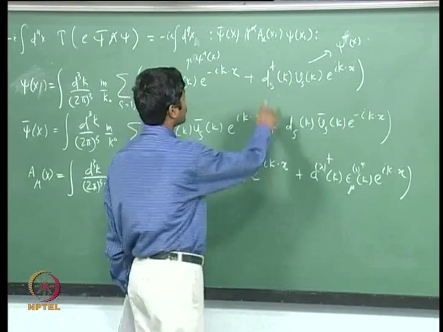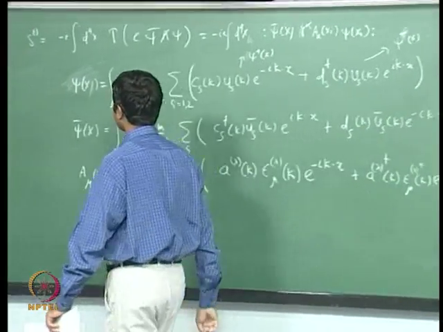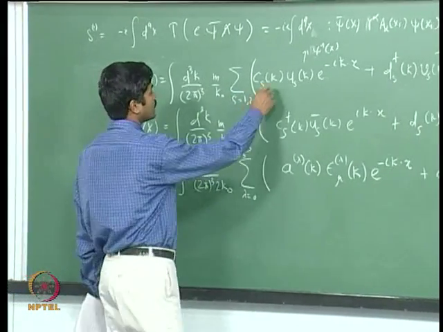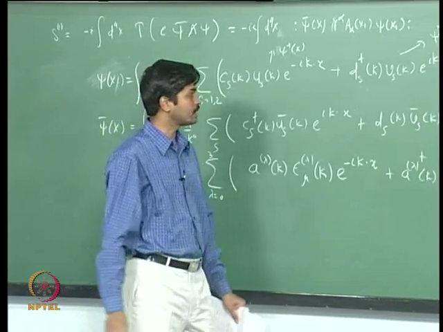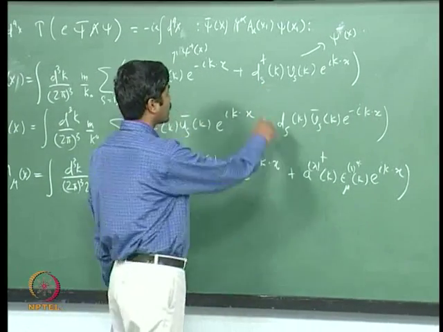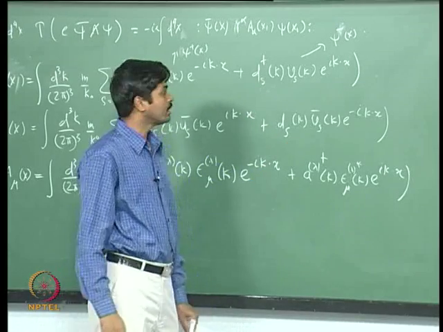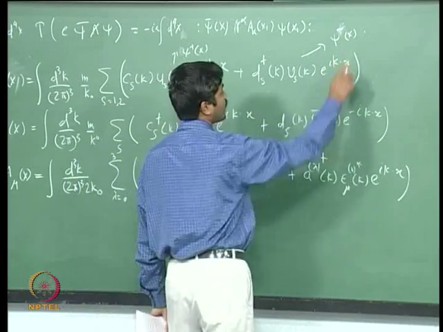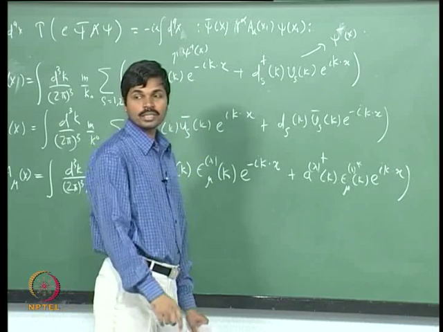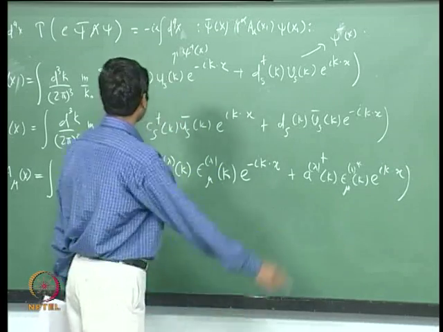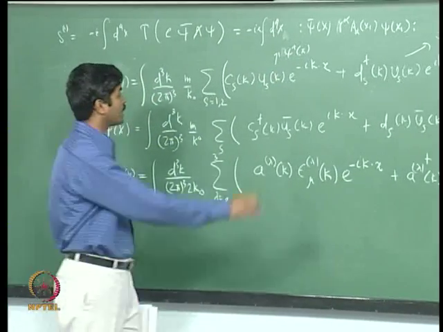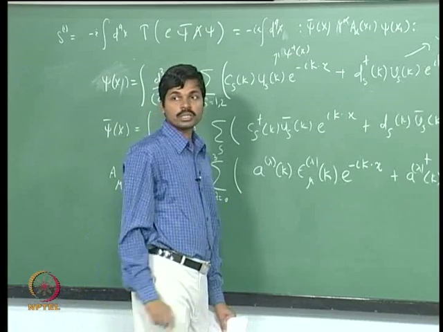Okay. As I said, the Cs are for the positively charged particle. These Cs daggers create positively charged particle, whereas the ds daggers create negatively charged particle. Therefore, this psi minus of x, I will denote as the creation operator for an electron, whereas this psi plus of x will describe the annihilation of a positron. Okay.